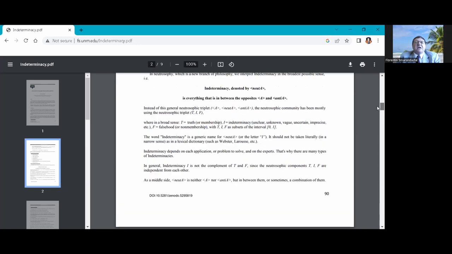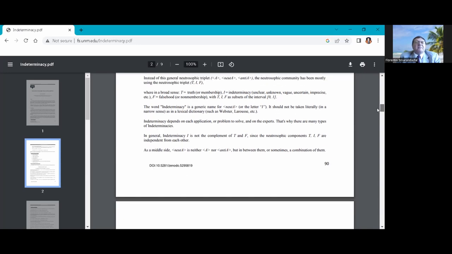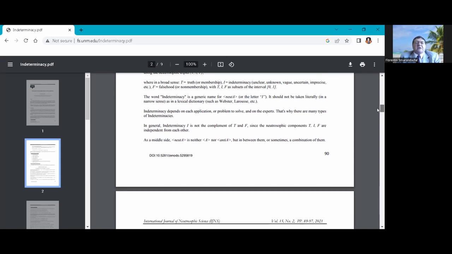For example, let's say if two countries go to war, A and anti-A, the neutral countries, some of them interfere on one side or the other side. There are also other neutral countries that still remain neutral.